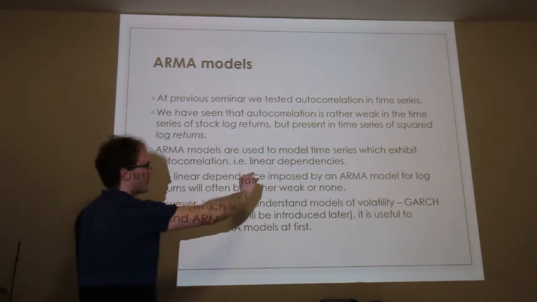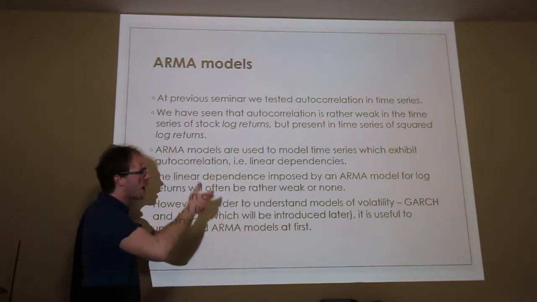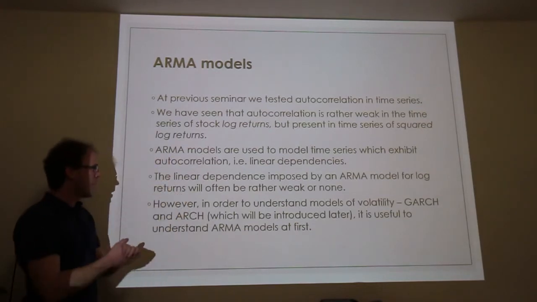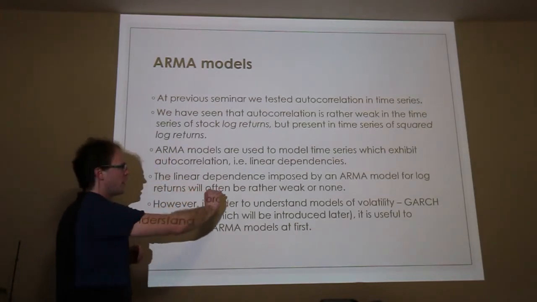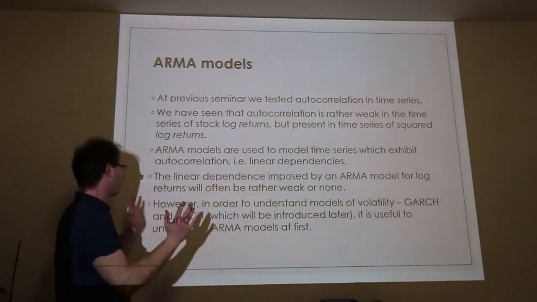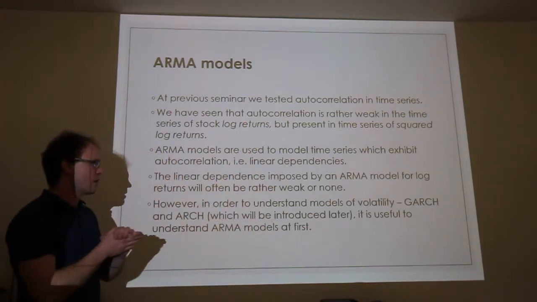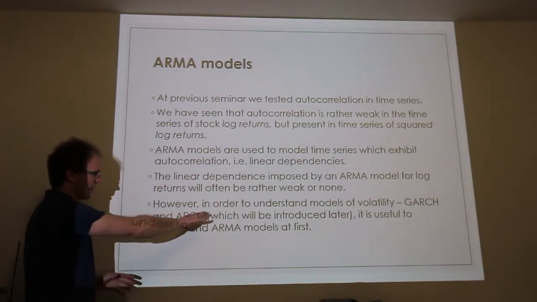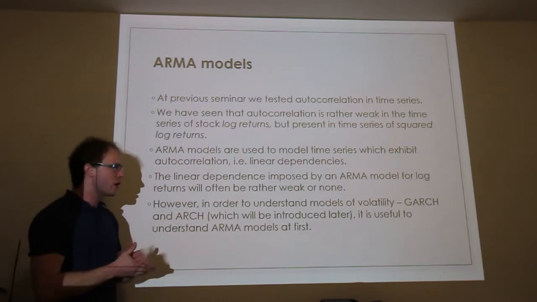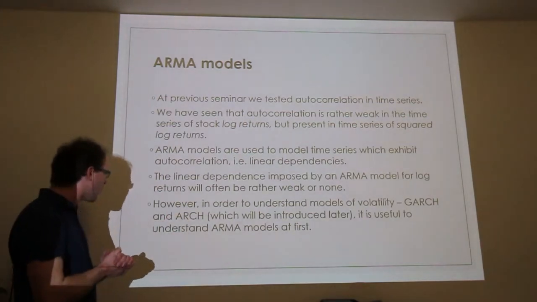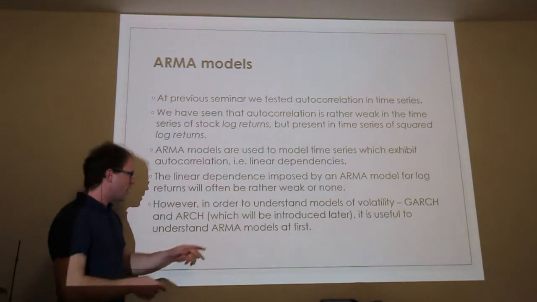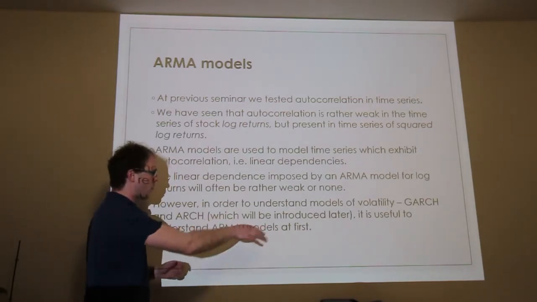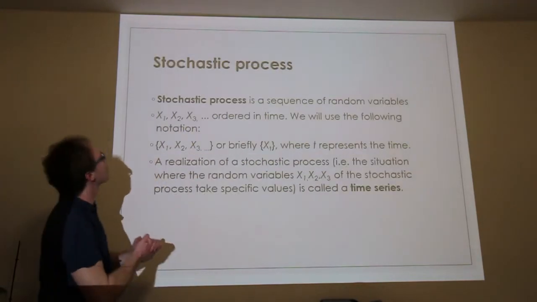The linear dependence imposed by an ARMA model for log returns or other time series will often be rather weak or none. However, in order to understand models of volatility, GARCH, which will be introduced later, it is useful to understand auto-regressive moving averages, ARMA models, at first.